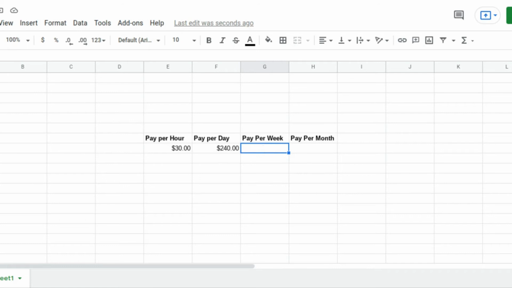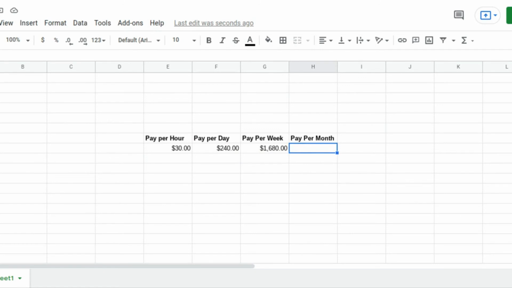So the equal sign is what we would click in there, and I'm going to use my arrow key once again. Then I'm going to use the asterisk, the times sign, and that's going to be times 7. Hit enter, and that person now makes $1,680 a week.